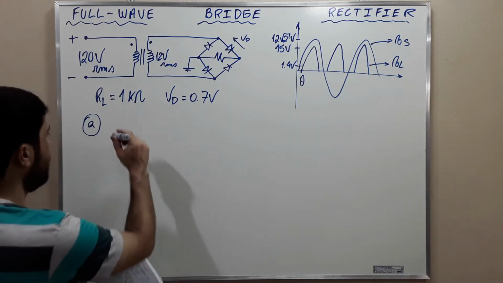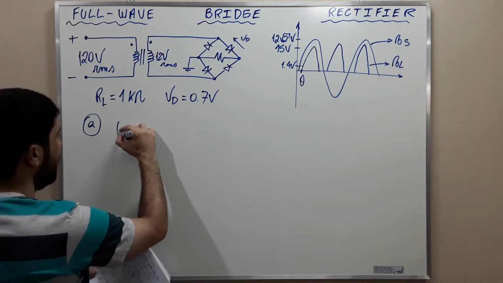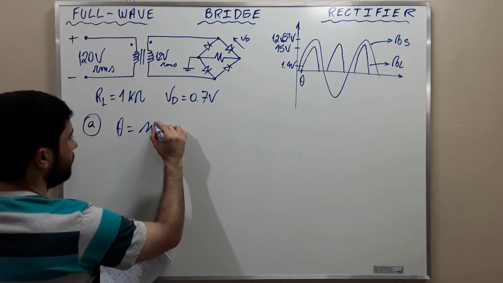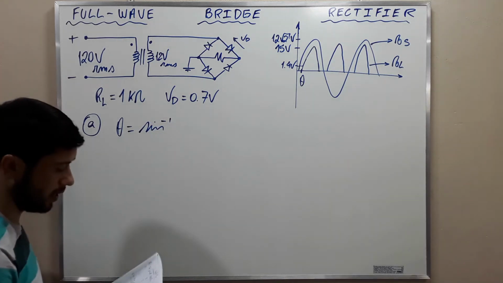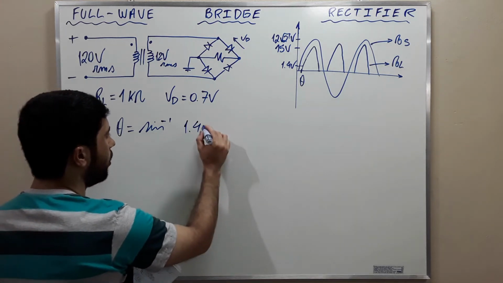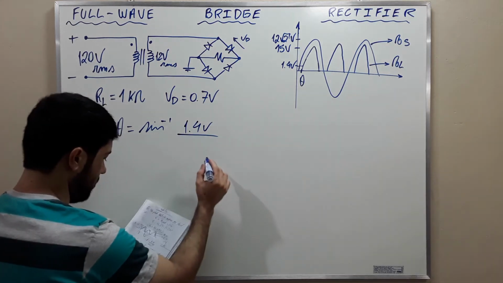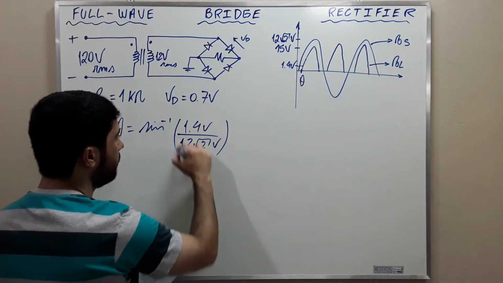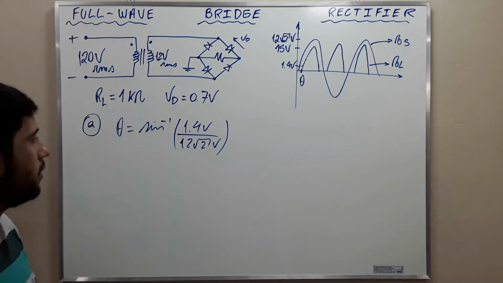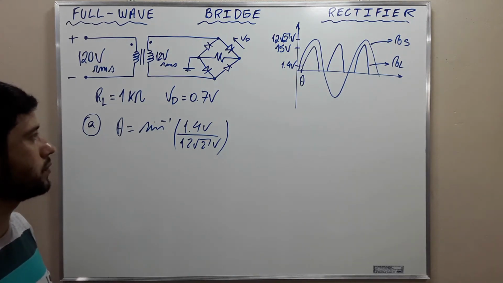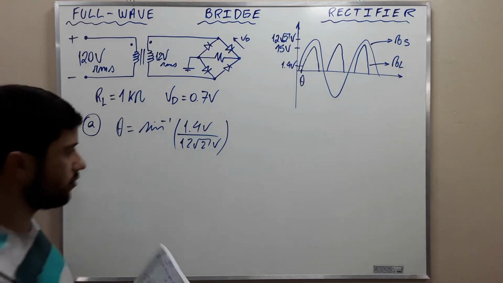Theta is going to be the inverse sine of 1.4 volts divided by 12 square root of 2 volts. With this expression we can calculate the value of theta, which is in radians.